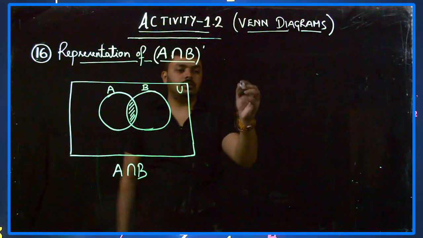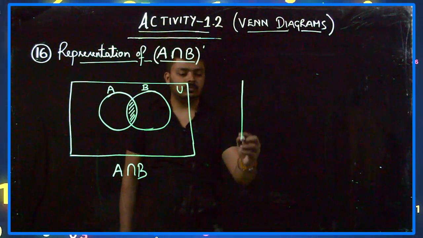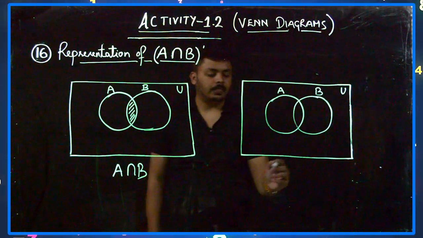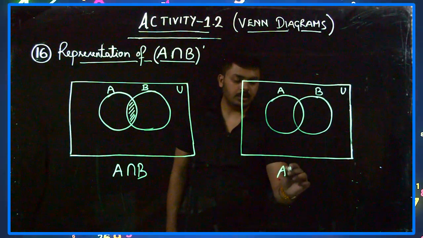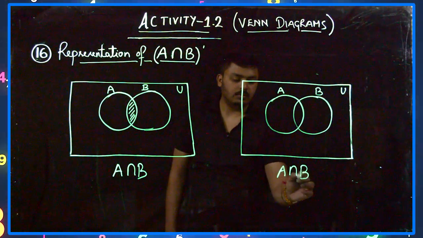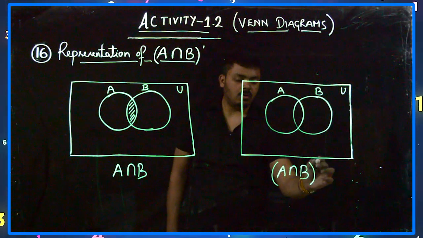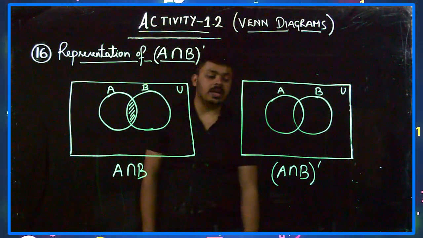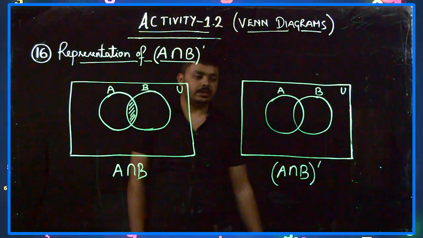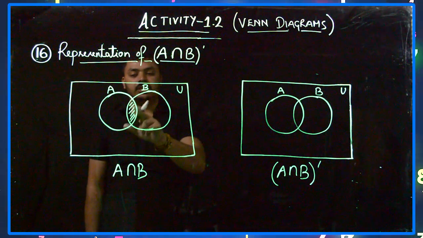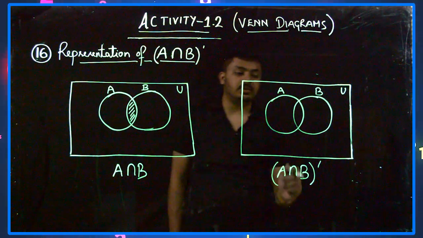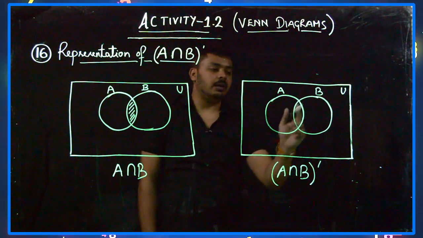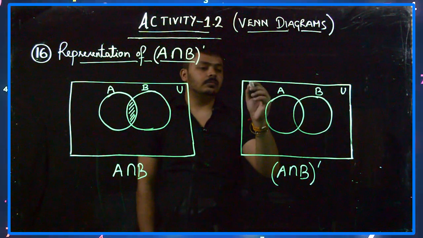And now we draw the Venn diagram. Now we will draw A intersection B complement. So complement means all the elements except that set. A intersection B is this set, so A intersection B complement will be all the elements except the common elements between the two sets.